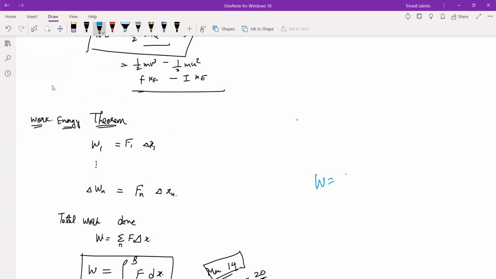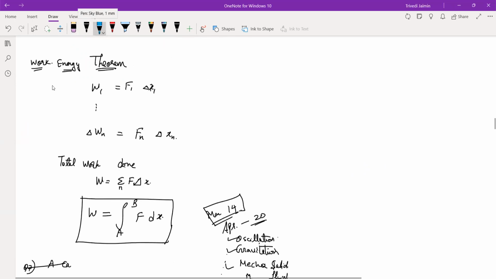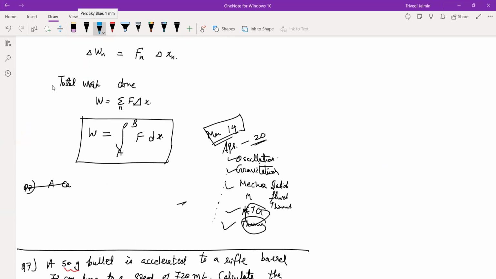Total work done W will be the summation of force and delta x, n equals 1 to infinity, whatever the number.